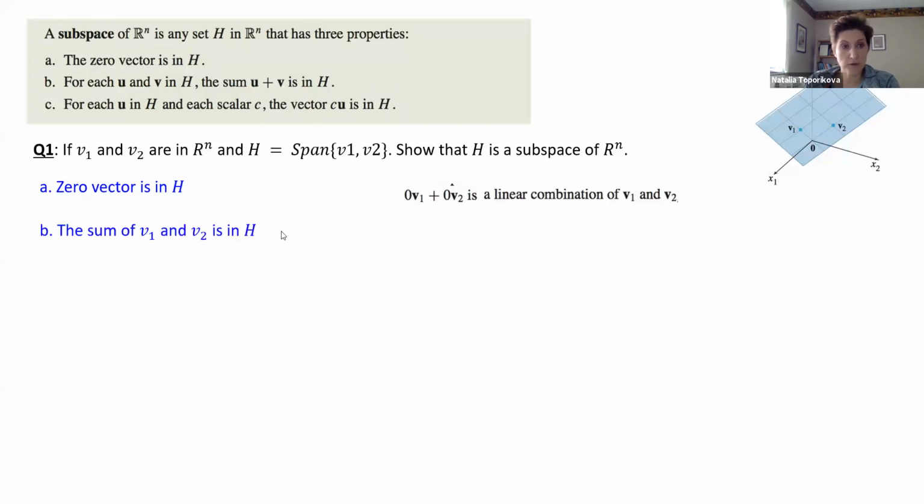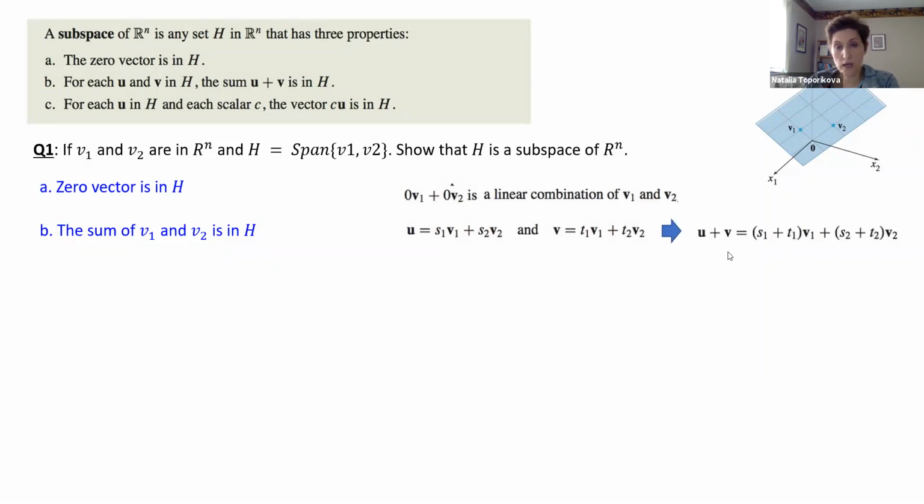Let's look at the second property. Will the sum of two arbitrary vectors from all possible linear combinations of two vectors be included in our subspace? Let's try to be very formal about it. Let's take a random vector u from our span of two vectors, which is just an arbitrary linear combination of these vectors, and let's take a vector v, which is another linear combination. Let's see if their sum will still be a linear combination.